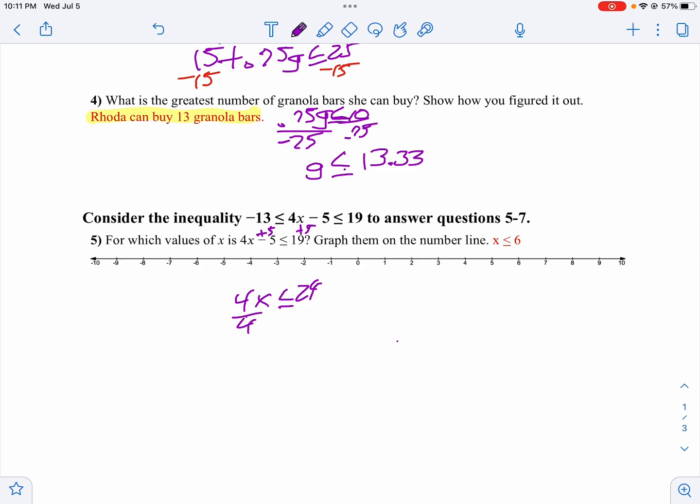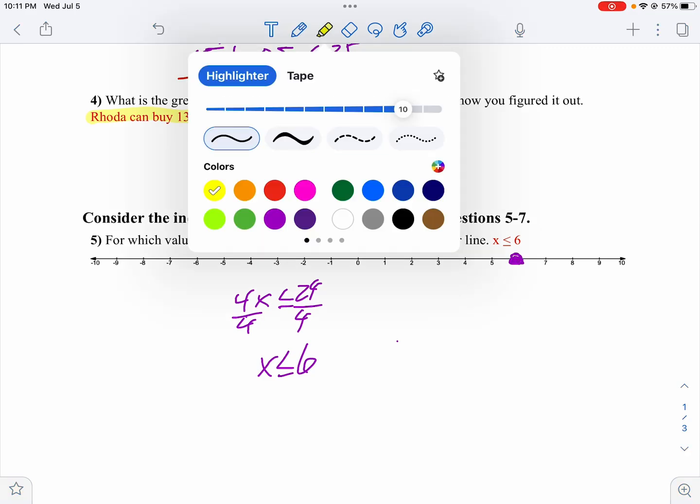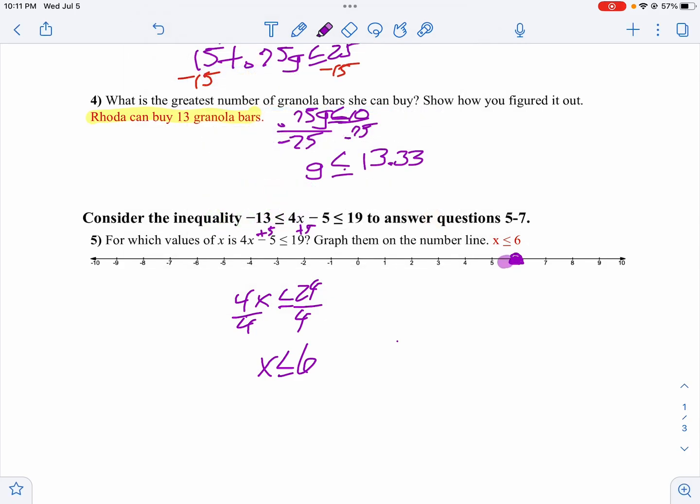Divide by 4. x is less than or equal to 6. So put a closed circle on 6. And we will shade it to the left. And it goes on forever. So I'll make sure to put an arrow on there.